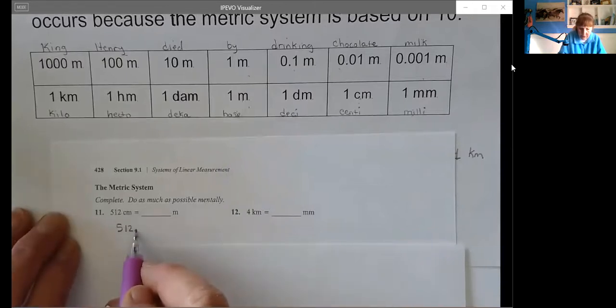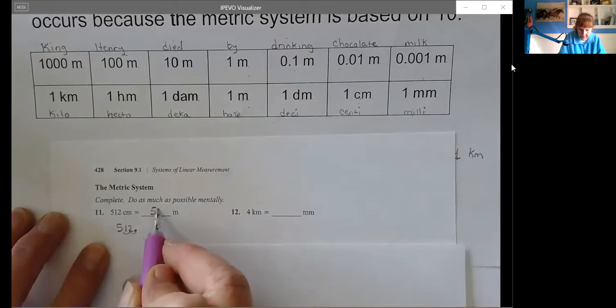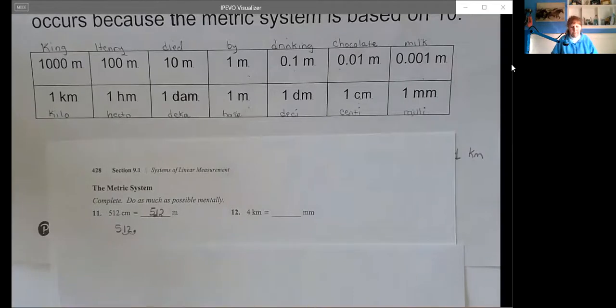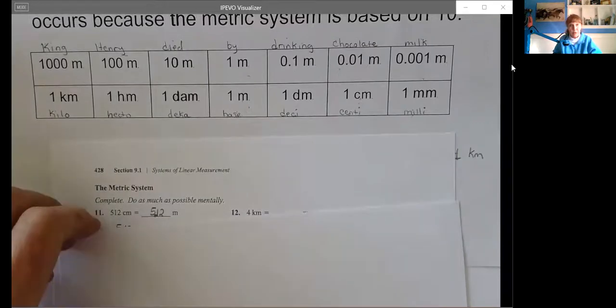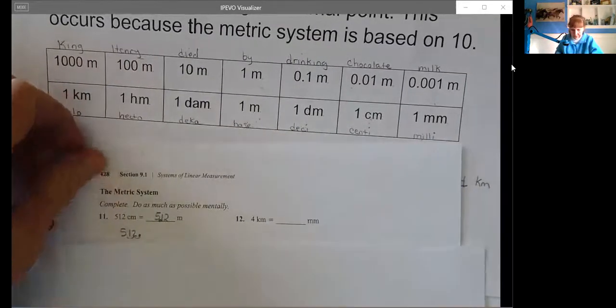I'm going to go 2 to the left, 1, 2. 5.12 meters. So it's just moving your decimal because the metric system is based on 10. Tenths, hundredths, thousandths, which makes it very, very easy to manipulate within the system itself.